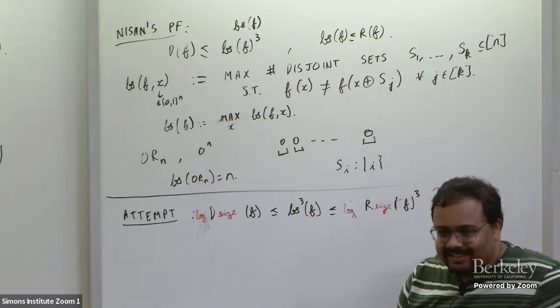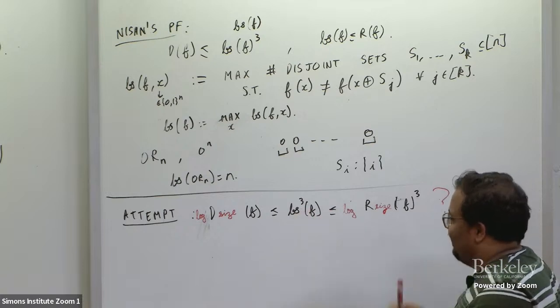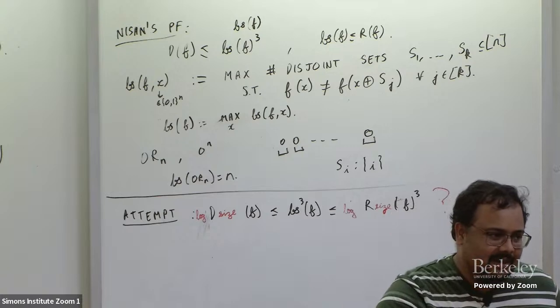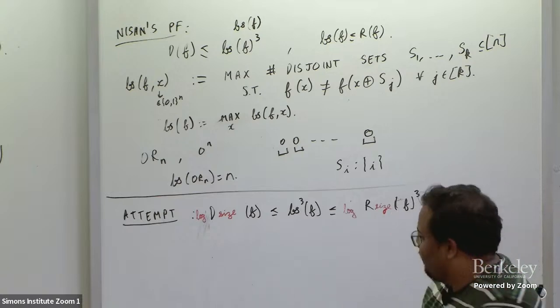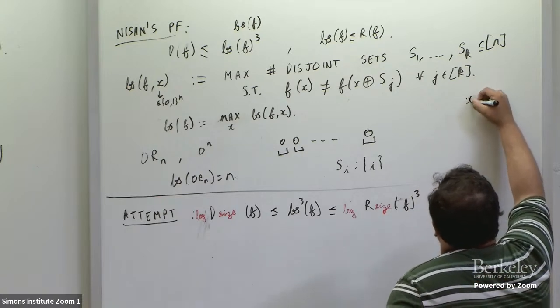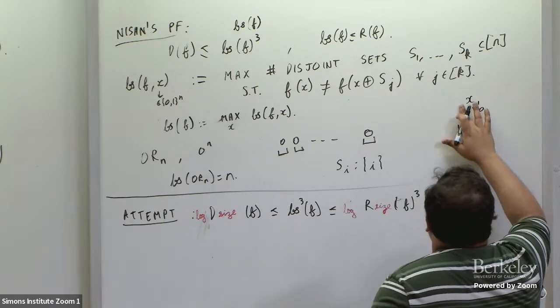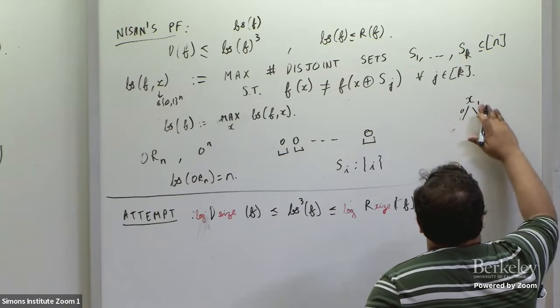For the OR function, we have block sensitivity to be n, but its decision tree size is very small. Like, log decision tree size is just log n. Why is this? The OR function has a simple decision tree, with 0 on the left, I guess.